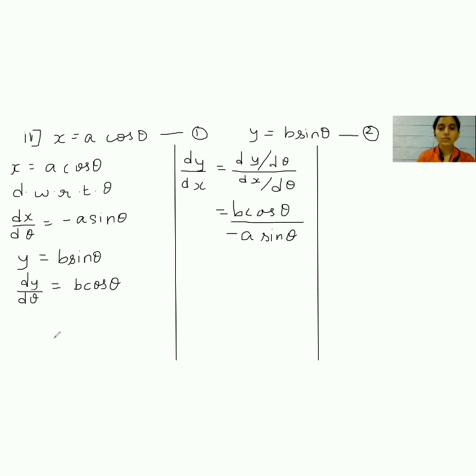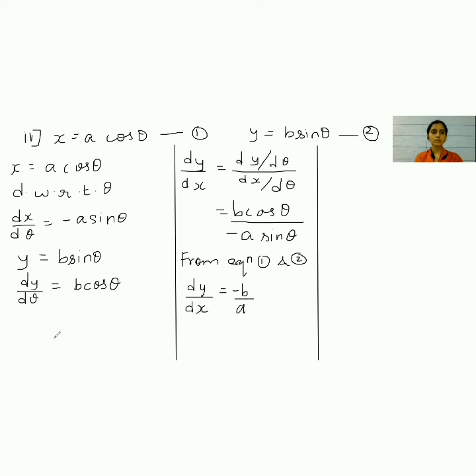Now let us substitute what cos theta and sin theta are, because we need to find the second order derivative. From equations 1 and 2, we eliminate theta. dy by dx will be equal to minus b by a, which is a constant, so leave it there.